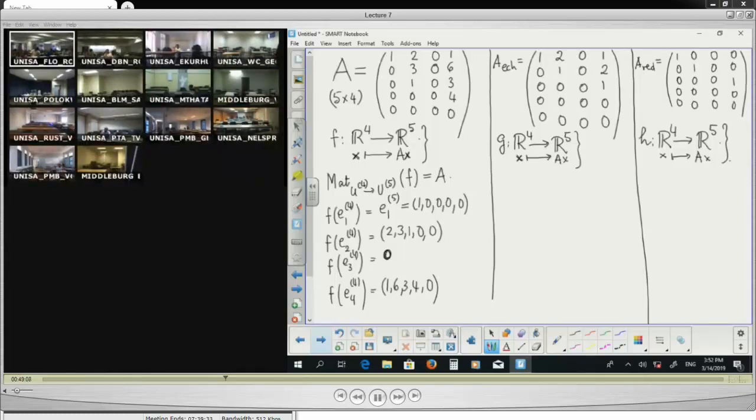And from here, you immediately conclude that this belongs to the kernel of f. But you still don't know what the kernel of f is.